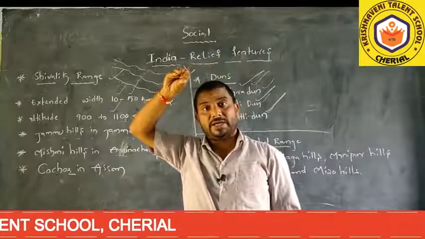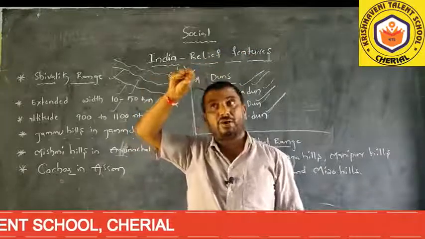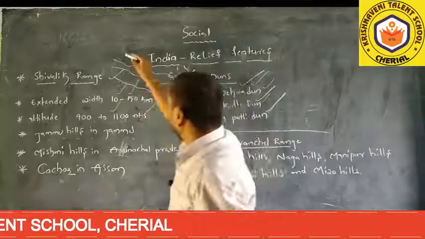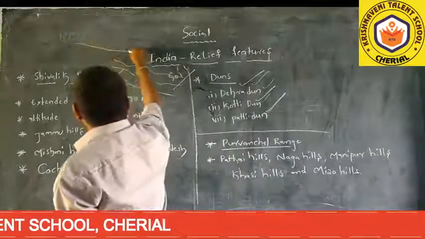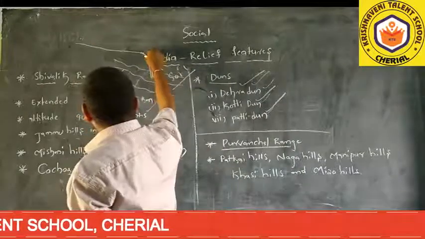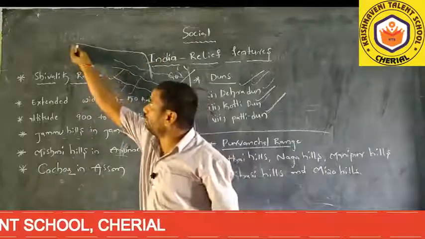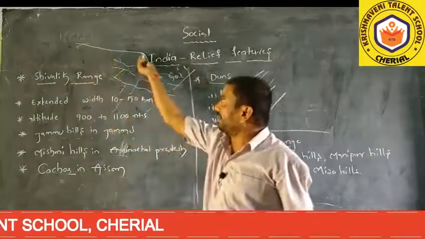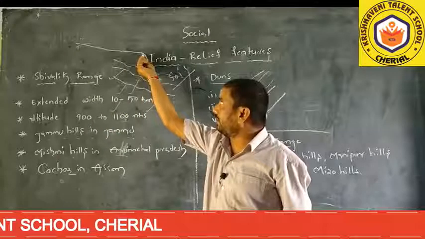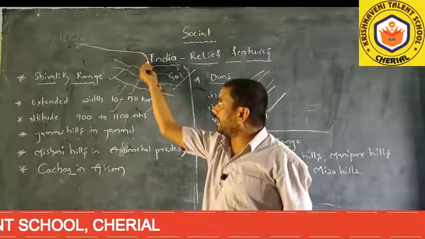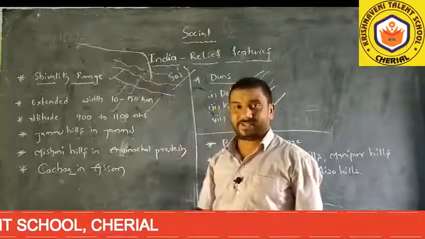In the eastern boundary area of Arunachal Pradesh, it comes like this and takes a bend like this. A hairpin bend, from Jammu to Arunachal Pradesh. So in the east, it takes a hairpin bend and runs towards the eastern states.